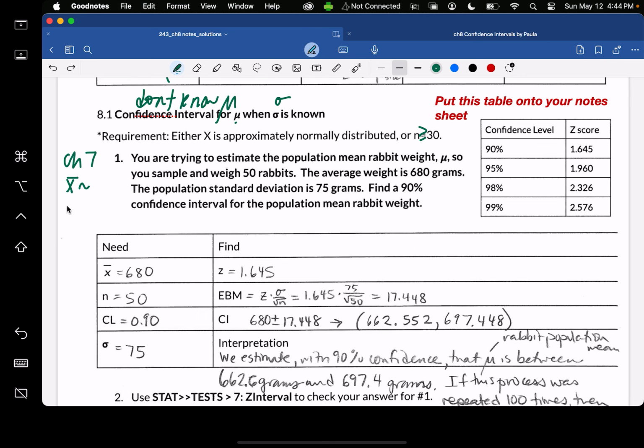X bar is normally distributed with a mean of mu and a standard deviation of sigma over root n. And the connection between Chapter 7 and Chapter 8 is that once we know how the sample mean behaves and how much variability it has, then that enables us to predict how wide of a margin of error we need.